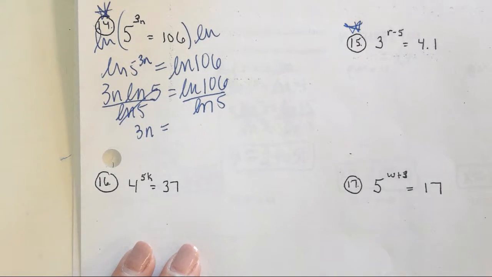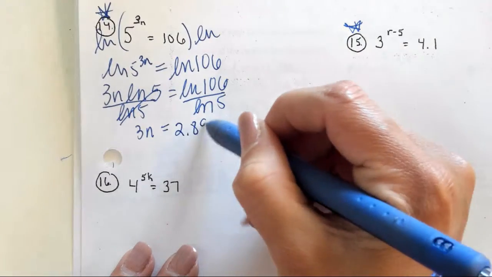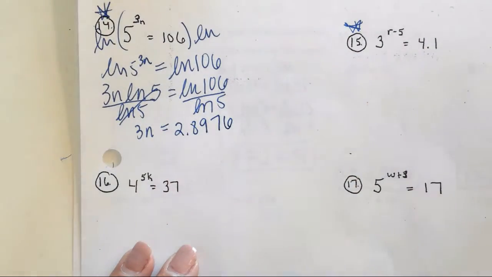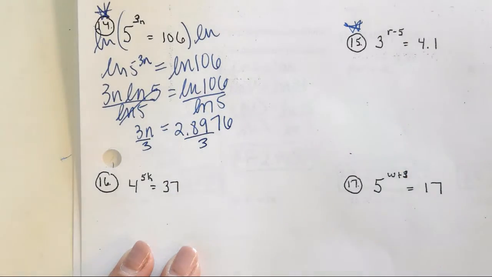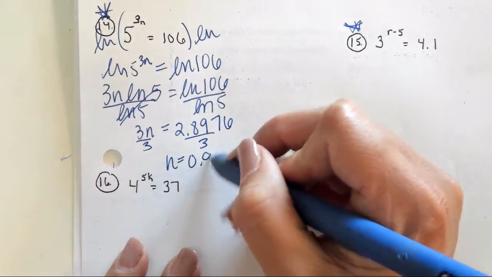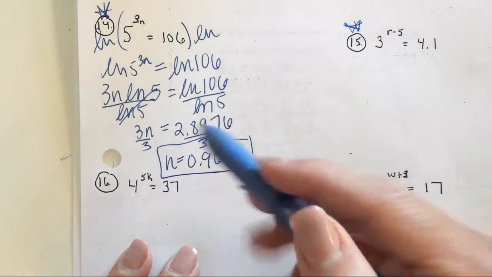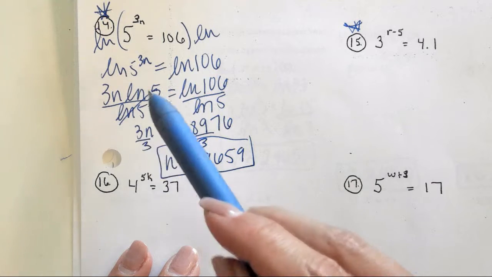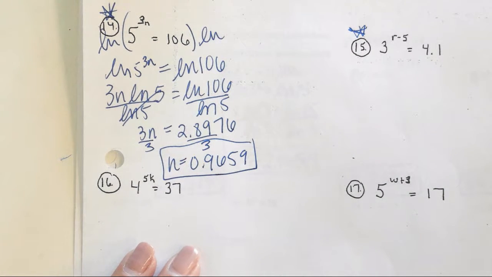And somebody tell me their answer round to the nearest fourth. 2.89. Very good. Now we just have to do what here? Divide by 3. So final answer would be? Very good. So not much different, except when it has a number, just make sure you divide by ln, then go back and divide by whatever that number is.